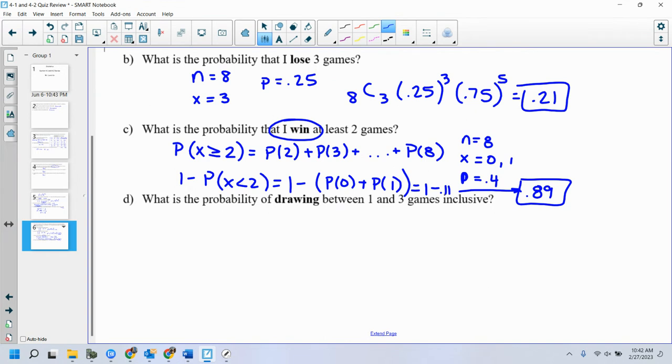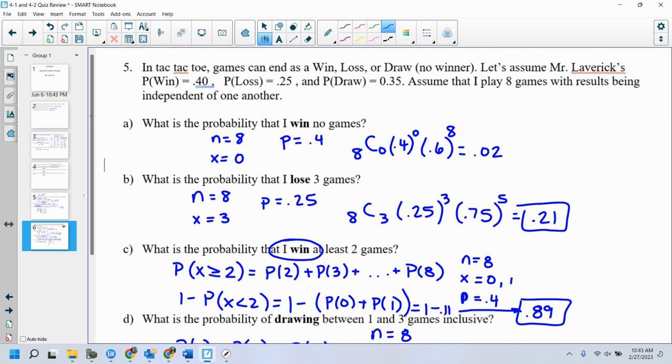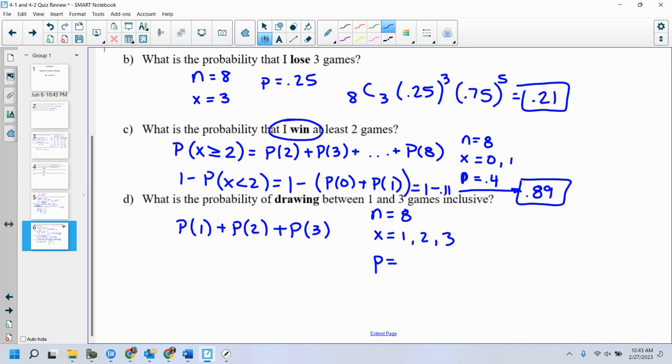What is the probability of tying between 1 and 3 games inclusive? Okay, so that is the probability of 1 plus the probability of 2 plus the probability of 3, where n is 8. X is going to be 1, then 2, then 3. What is p in this case? 0.35, the probability of drawing.